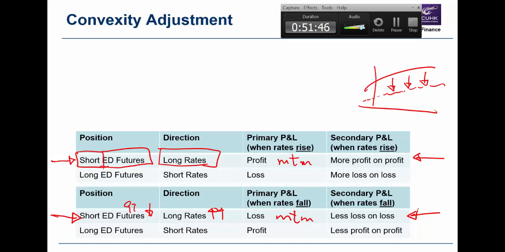Now, ladies and gentlemen, this is a summary of the convexity adjustment formula, which is when you are dealing with a product like an interest rate based product, the underlying itself will generate you a profit or loss. But in the futures market, because you need to either borrow or you receive deposits, there is a secondary effect to it.